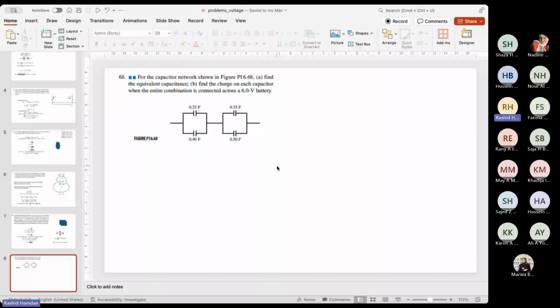For the capacitor network shown in the figure, find the equivalent capacitor, and find the charge on each capacitor when the entire combination is connected to a 6-volt battery.